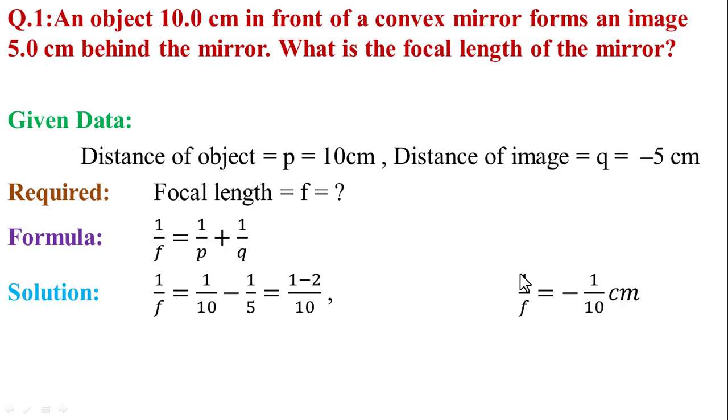So 1 over f is equal to minus 1 over 10 centimeter. Now taking the reciprocal on both sides, or cross multiplication, focal length f is equal to minus 10 centimeter. The required answer is focal length f equal to minus 10 centimeter.